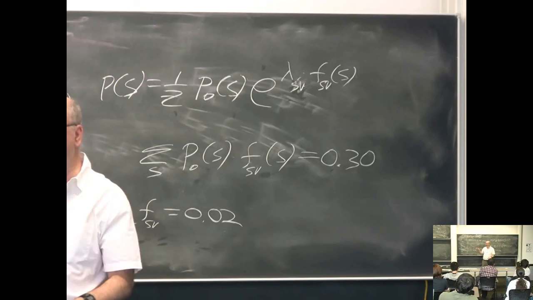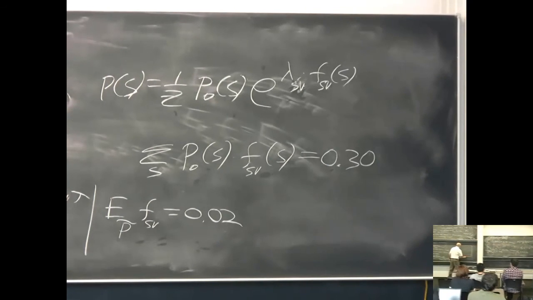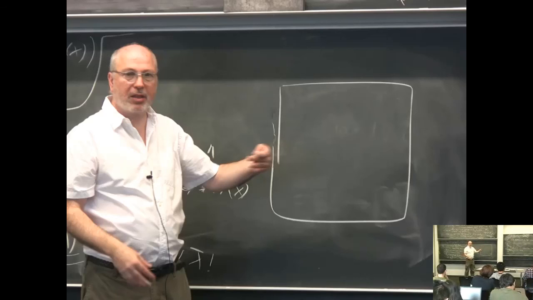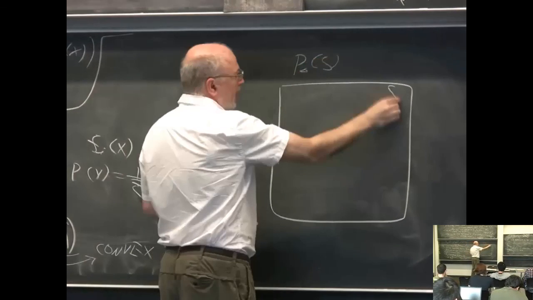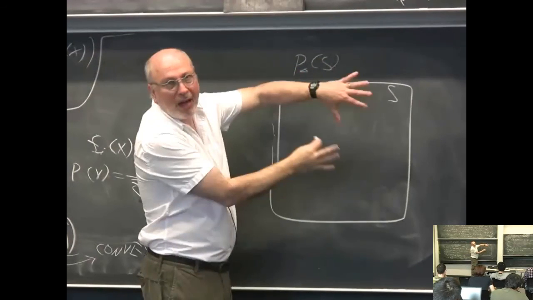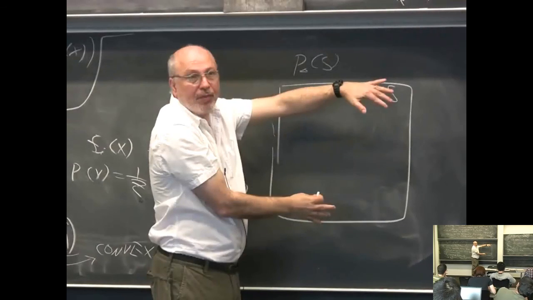If you remember the picture I gave you before, the map of the different space and the probabilities, imagine P0, this is the space of all S's, and P0 is some complicated mountains and valleys here, some complicated area such that the total area sums to 1.